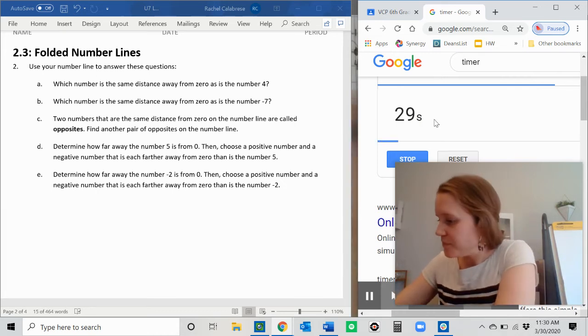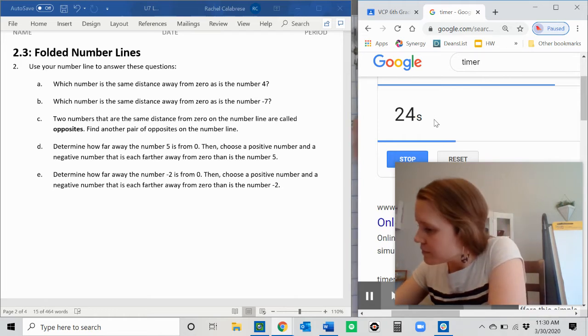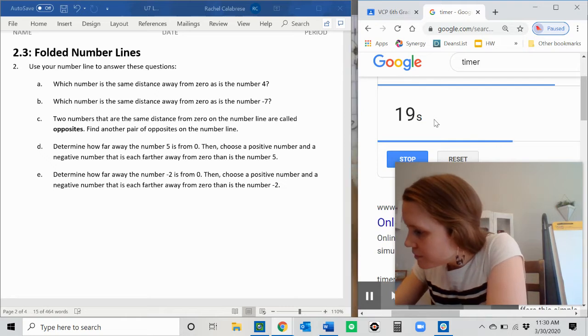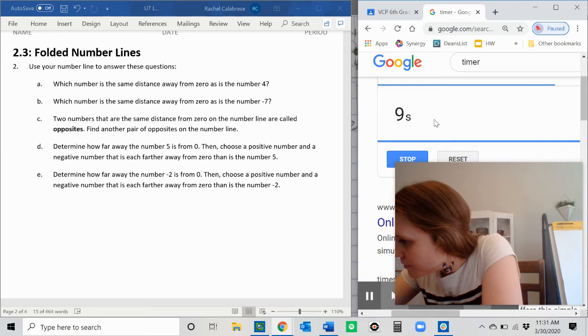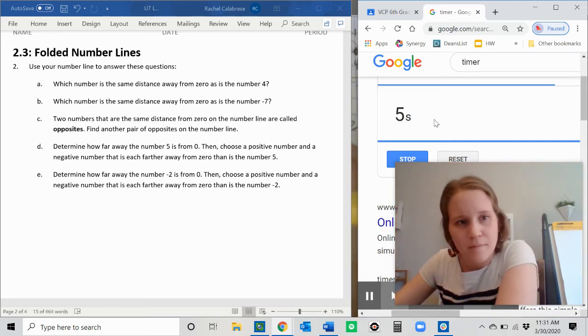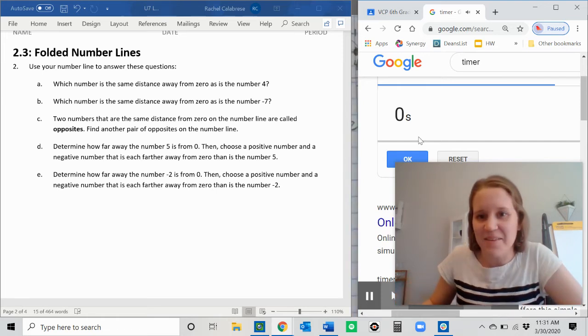Go. All right, there's our time. Didn't quite finish, but I got close. Here's what I was thinking.